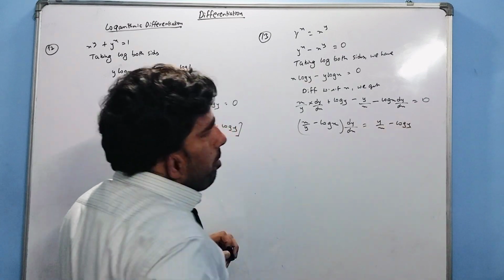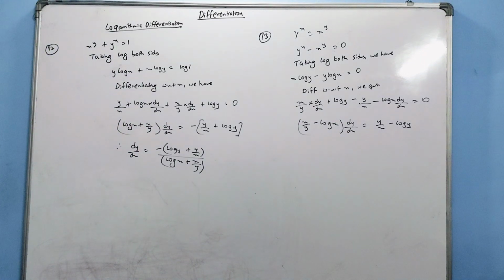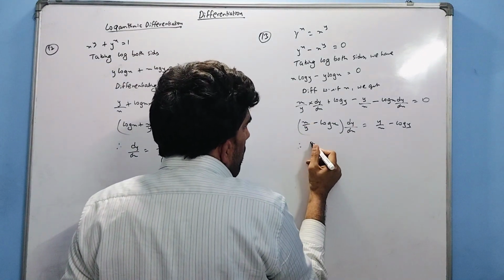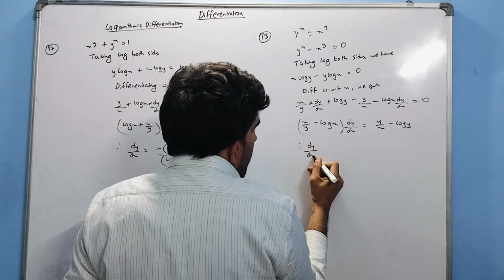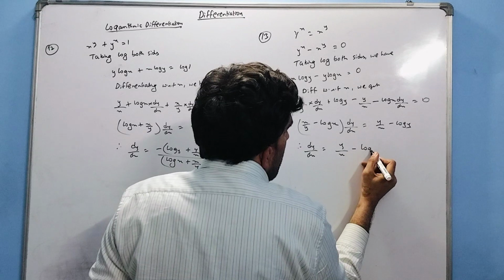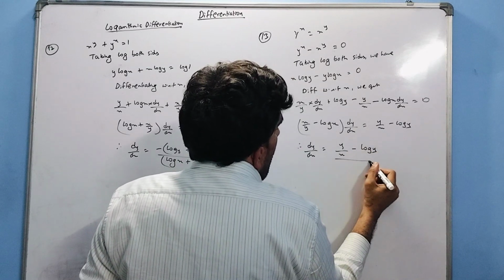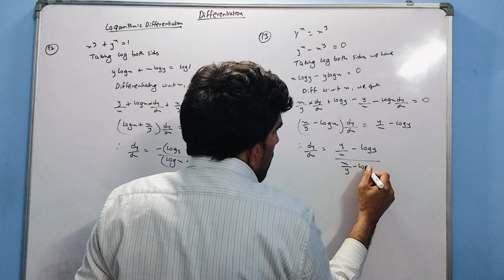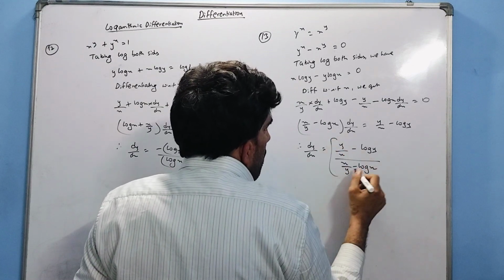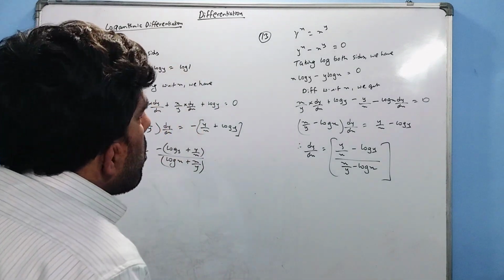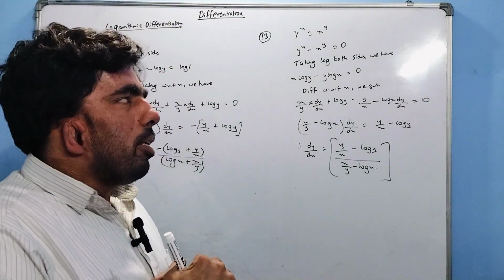Therefore dy upon dx is equal to y upon x minus log y, upon x upon y minus log x. So that is how we find dy upon dx.